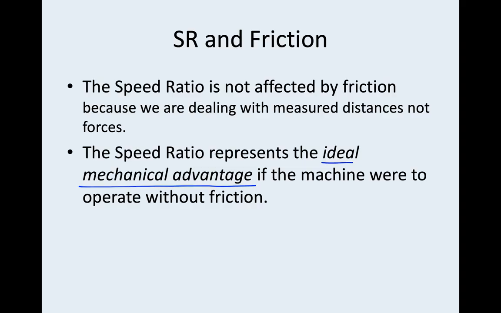Ideal meaning if there was no friction, that's what the mechanical advantage would be. At our last pulley, we had a speed ratio of 2 and a mechanical advantage of 1.9. So it's losing some force to friction. We want to know how much.